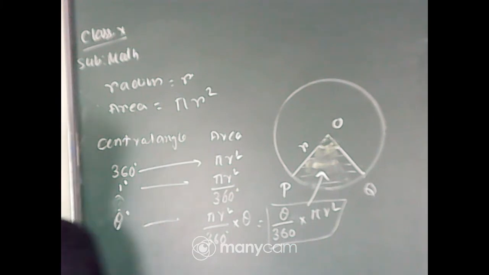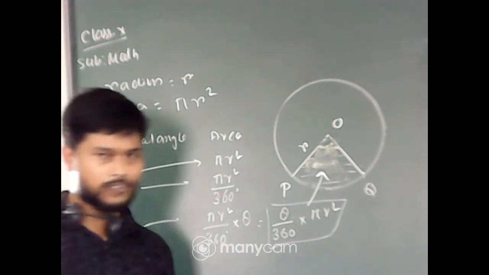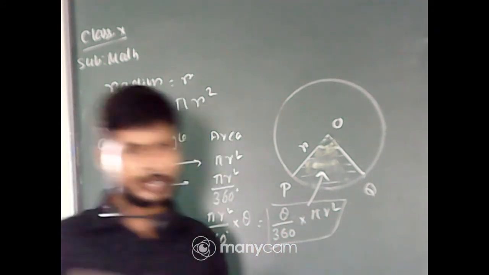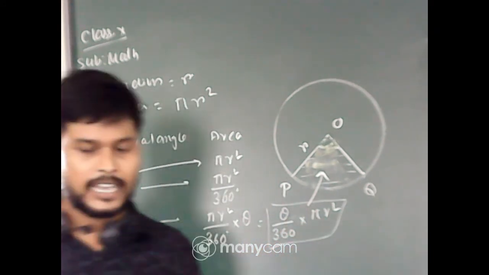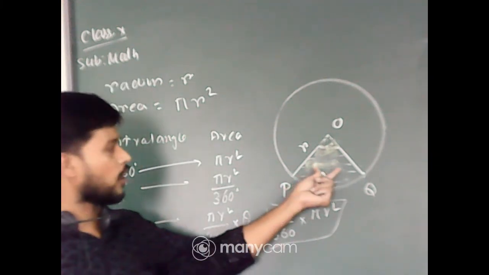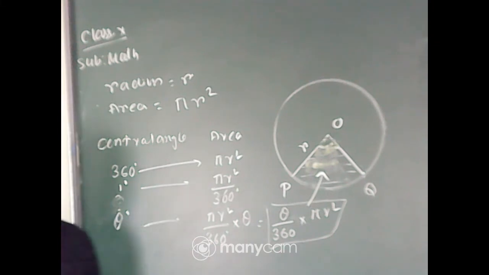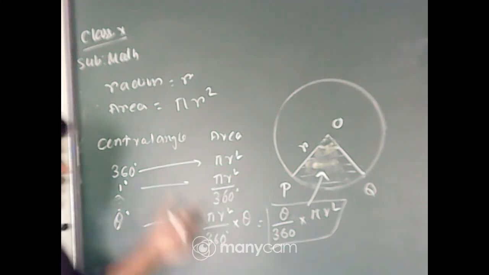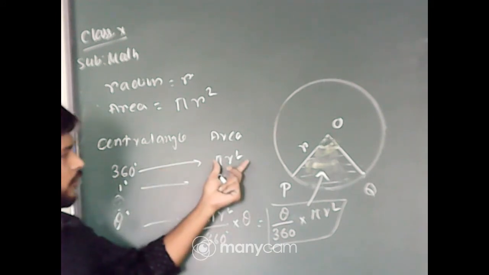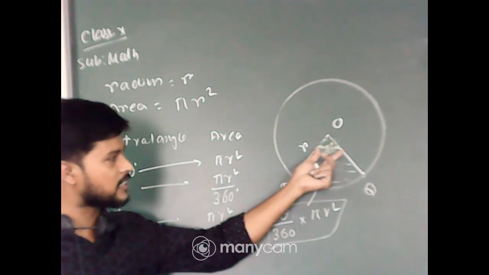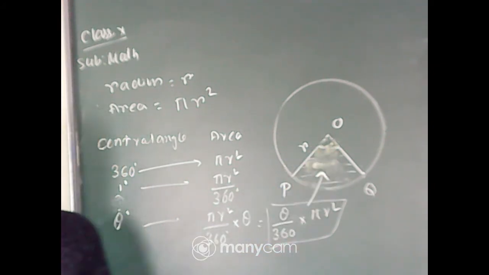What is the formula for sector? Theta by 360 into pi r square. So if you know the value of theta and value of r for any particular problem, we can easily calculate the area of a sector. Tell me, have you understood or not? If the central angle is 360 degree, it will cover the total area.